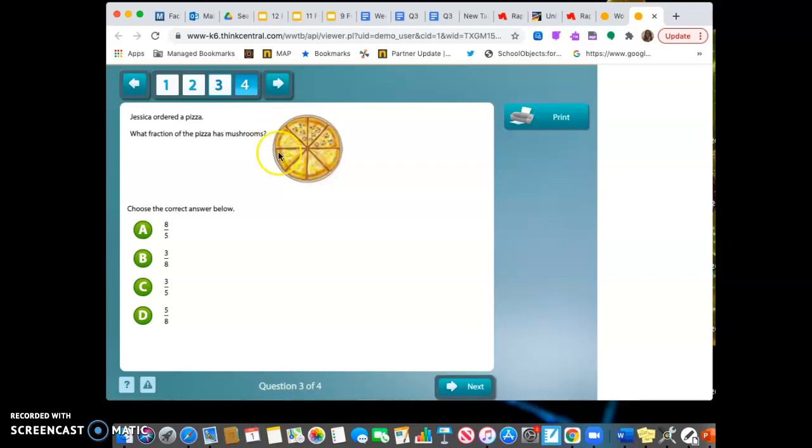Now choose the correct answer below for how many of the parts of this mushroom and cheese pizza are mushroom, okay? So, if we know there's 8 parts to the whole, which 2 can you automatically get rid of? You can already delete 2 of the answers. 8/5 and 3/5.